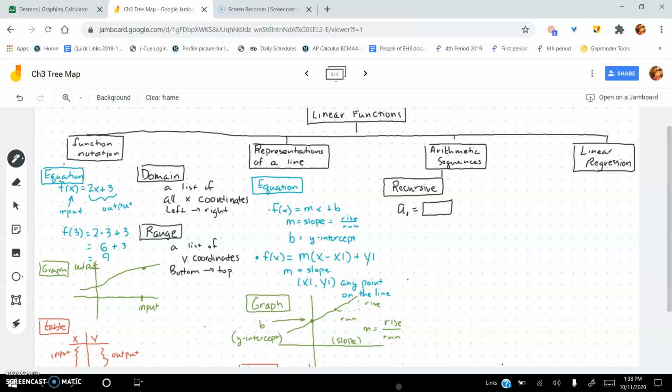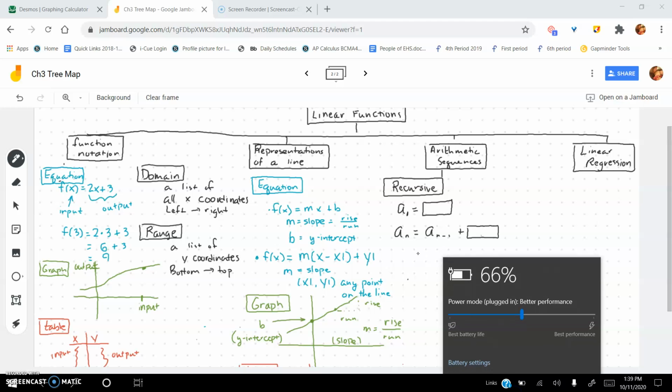And if it's arithmetic, the rule is always that you take your previous term and you add something, either positive or negative. If you have a recursive formula, the only parts you ever change would be these two numbers.